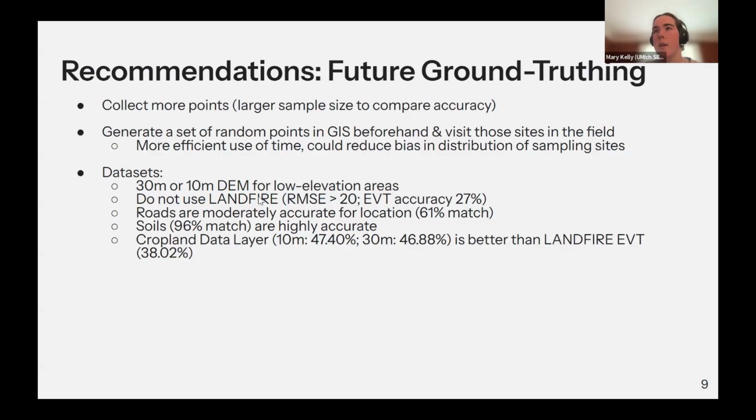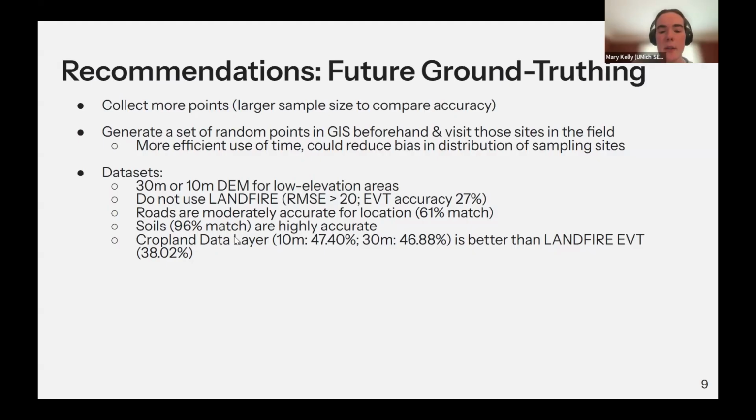The vegetation cover, vegetation height, vegetation type, this LANDFIRE data, we would caution against it since it has kind of a lower accuracy. The roads did fairly well, so we do recommend the roads data. They were around 61% matching in terms of their location. The soils data was great, highly accurate at around 96%.